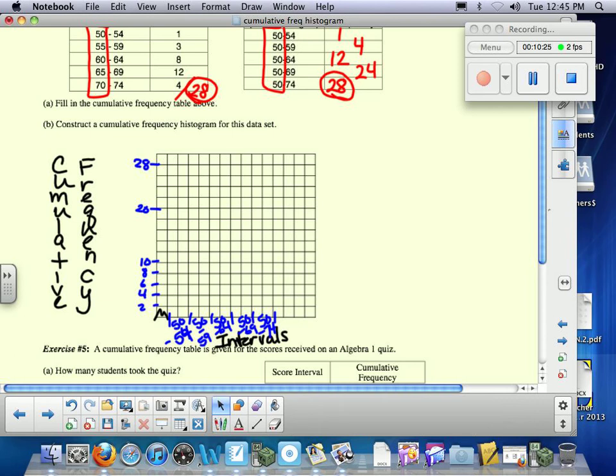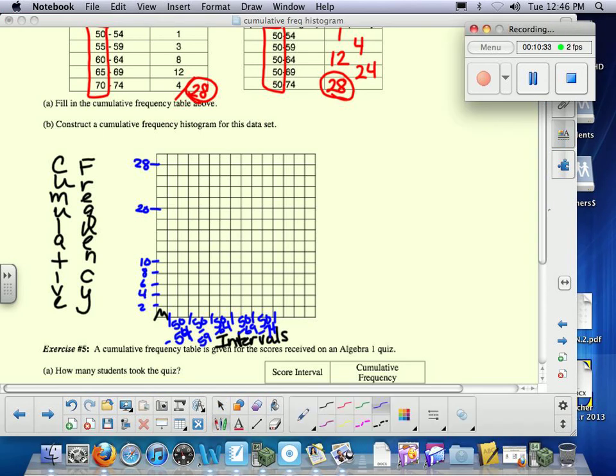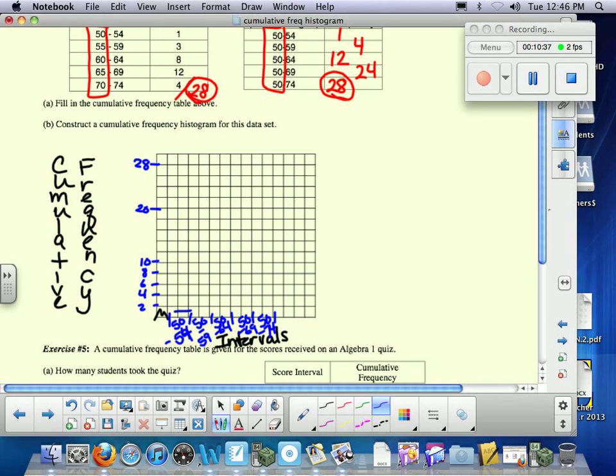I'm going to pause here for just a second, and then we'll talk about how to build the bars. Okay, so now we're going to build our bars as high as the cumulative frequency says. So the first one is 1, and then 4. And what should start to happen is it should start to look like a set of stairs.